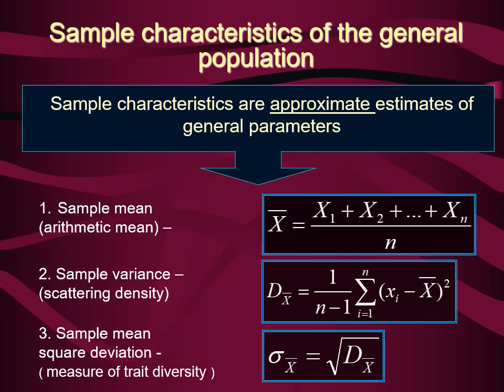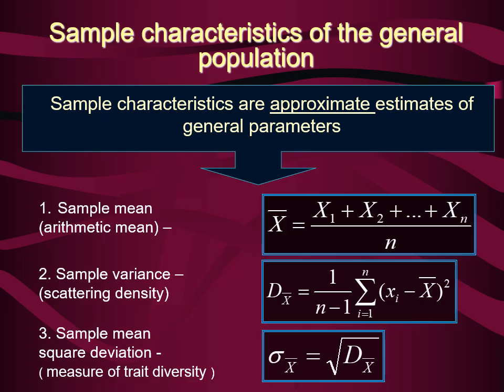The sample average characteristic is denoted by x average and can more accurately be called the arithmetic mean. Here is the calculation formula according to which the sample average, or arithmetic mean x average, is calculated.